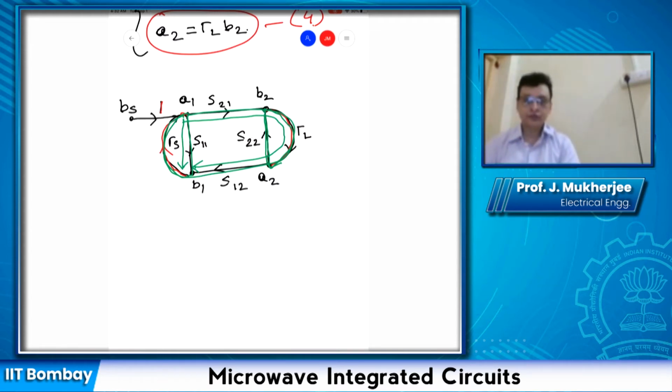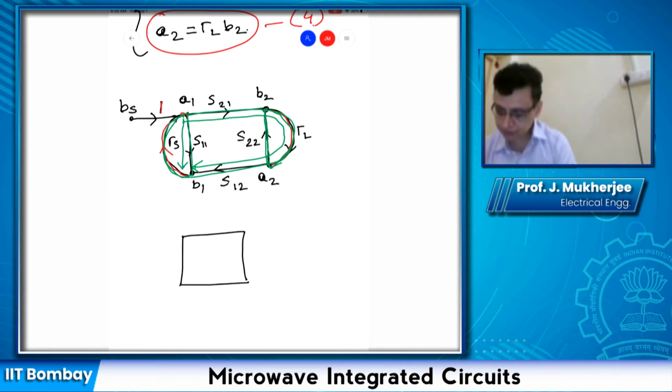Okay, so for example, let us start with a simple circuit, like say we want to find out the input reflection coefficient, gamma in.